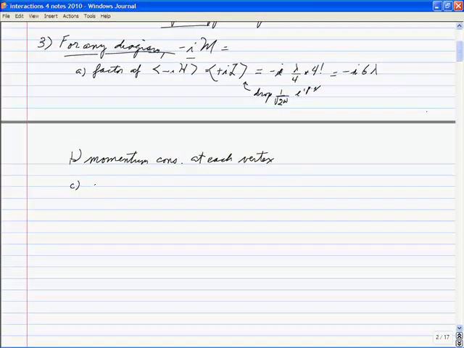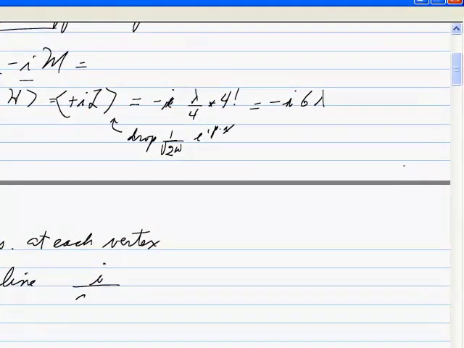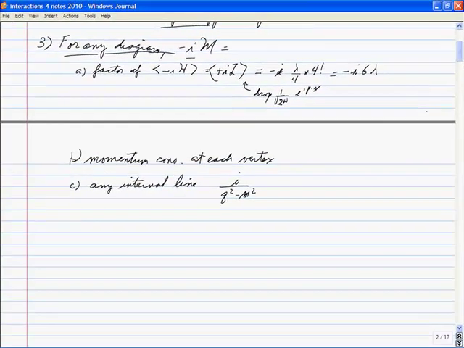For any internal line, you put a factor of the propagator, i over q squared minus m squared, where q is determined by what the momentum conservation is. Then here's another new one for us.